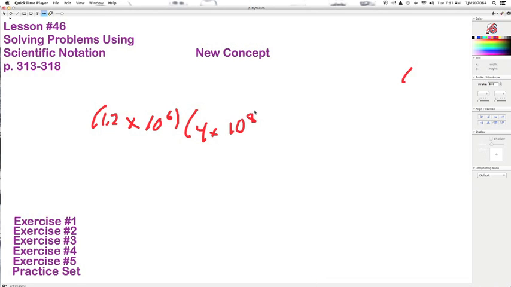So all we do is multiply the coefficients. So we have 1.2 times 4, so that's 4.8, times 10 to the 14th power. Remember, when we multiply, we are simply adding exponents.